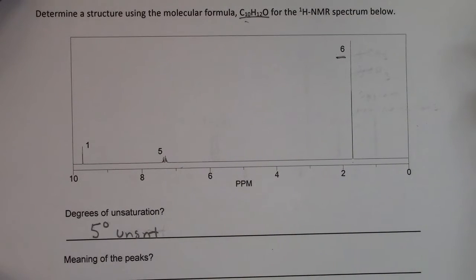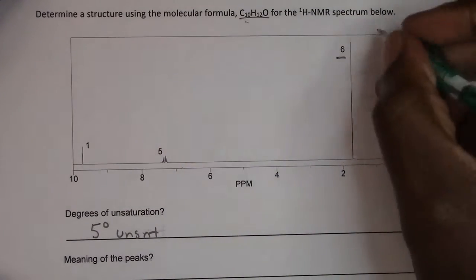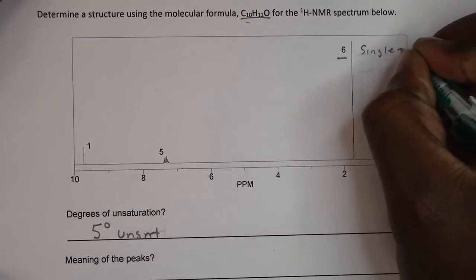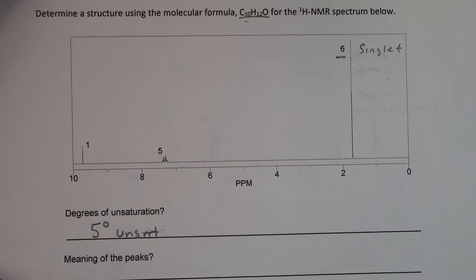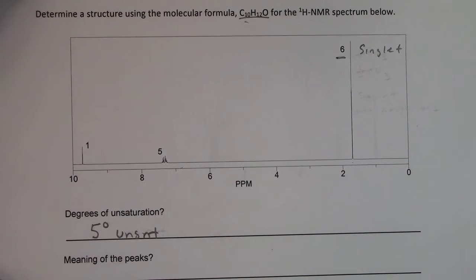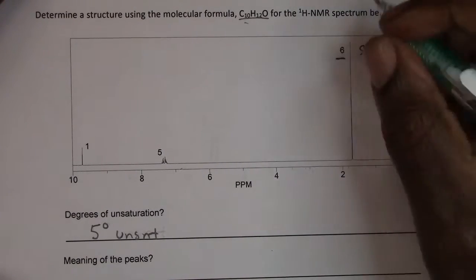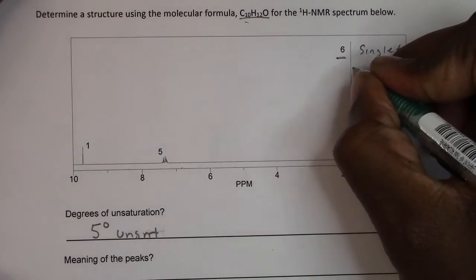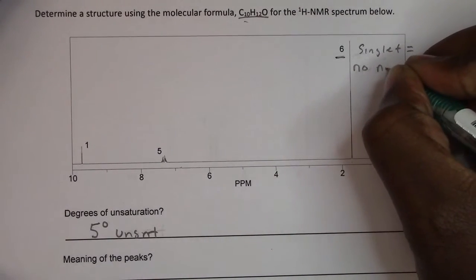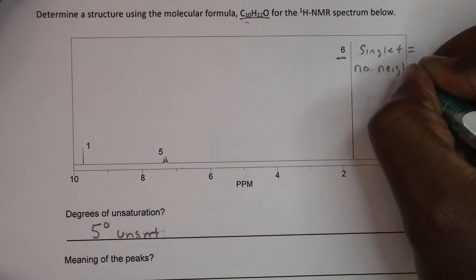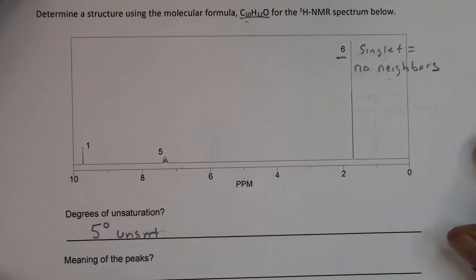Now, this first peak that shows up around 1.8 or so corresponds to a singlet that integrates to 6. Recall, a singlet corresponds to a group of hydrogens that have no neighboring hydrogens of a different type.